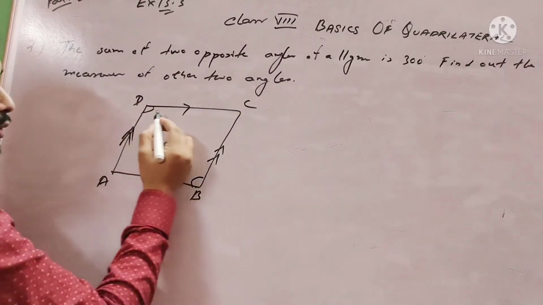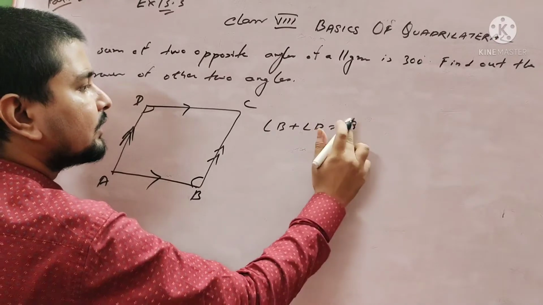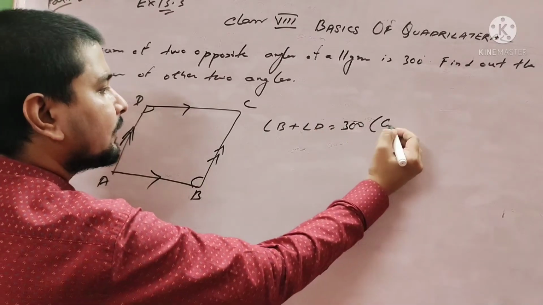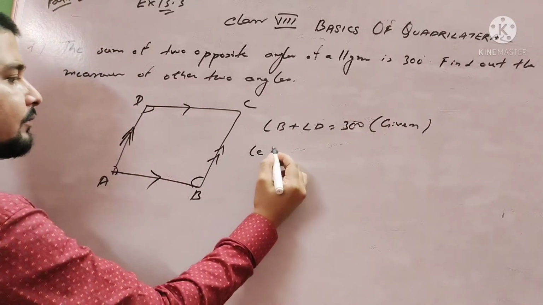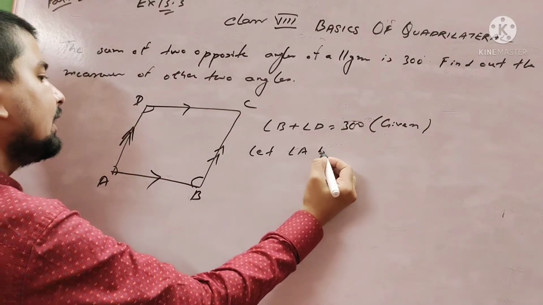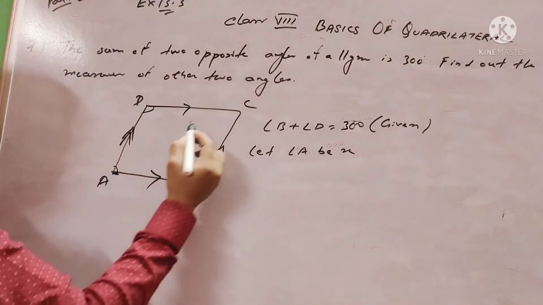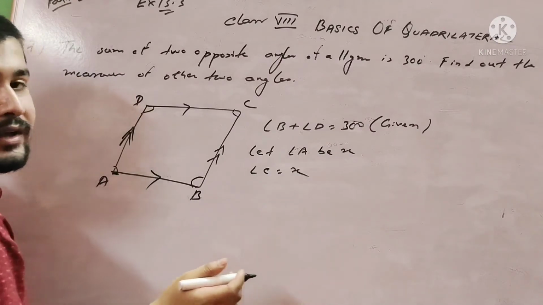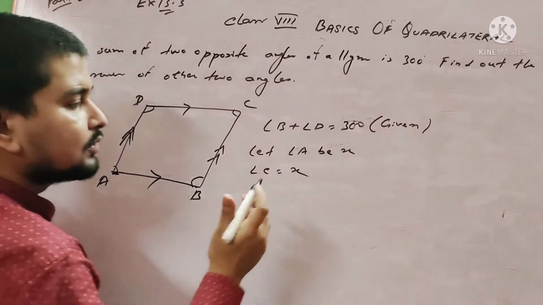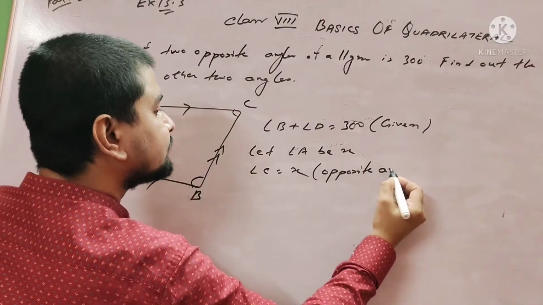The question says angle B plus angle D equals 300. This portion is given. Let angle A be x. Clear? If angle A is x, then angle C is also x. Why? Because we know that opposite angles of a parallelogram are equal.